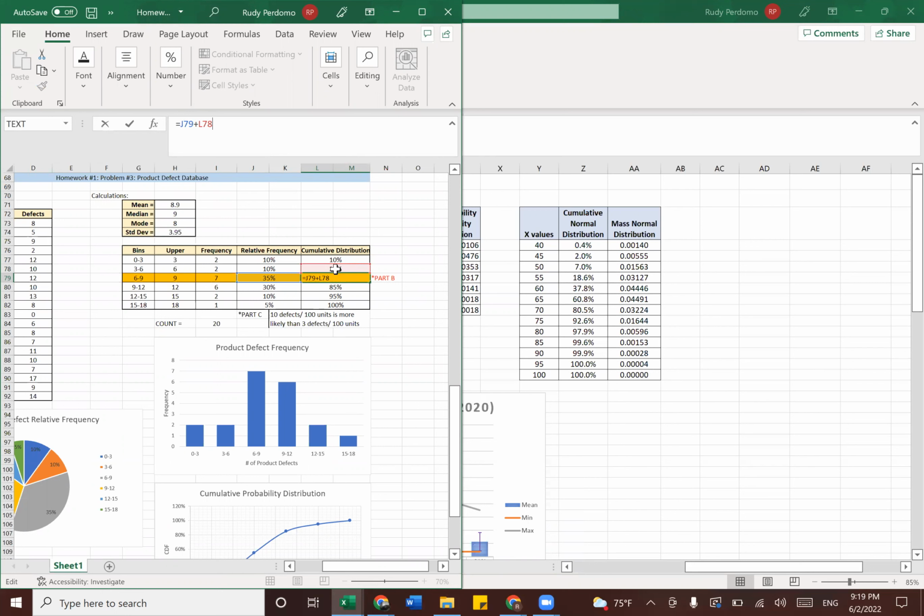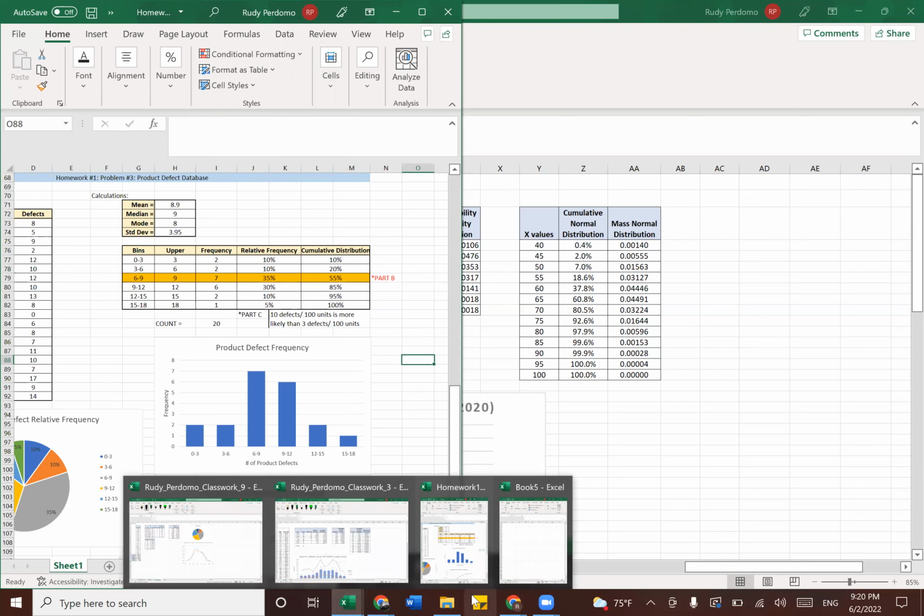So this 20% represents 0 to 6. So what you're doing is just adding this bin to all the previous values. So this just accumulates here. So you set this first value, then once you set up this second value where you add this new bin to the last bins, you could just drag down the equation. And then it should give me the same values.